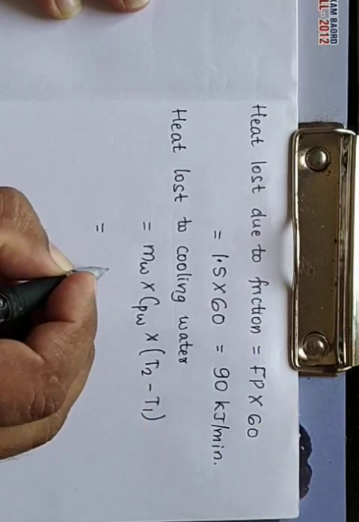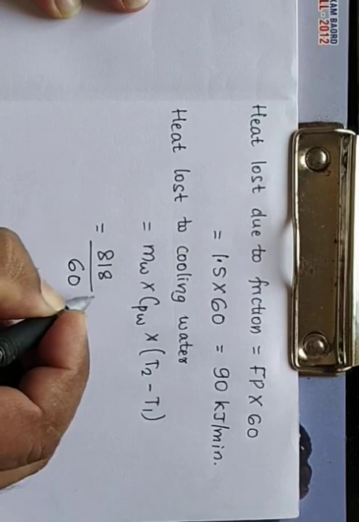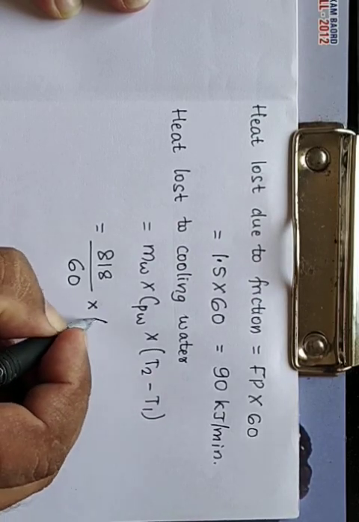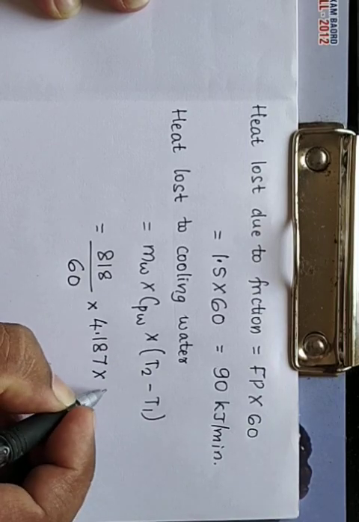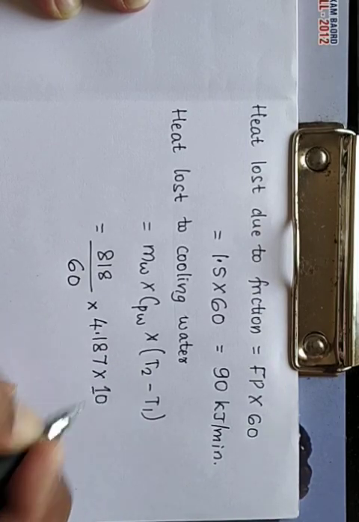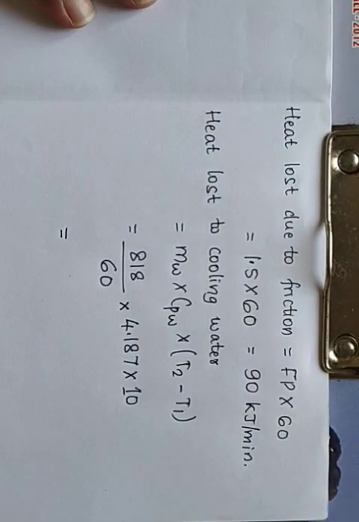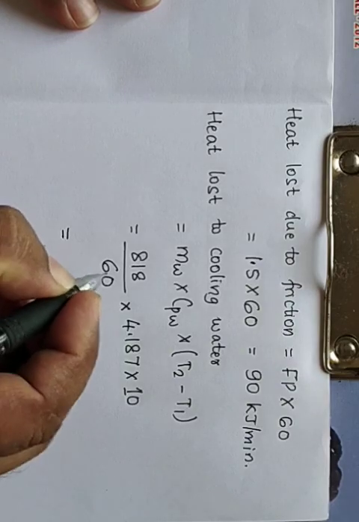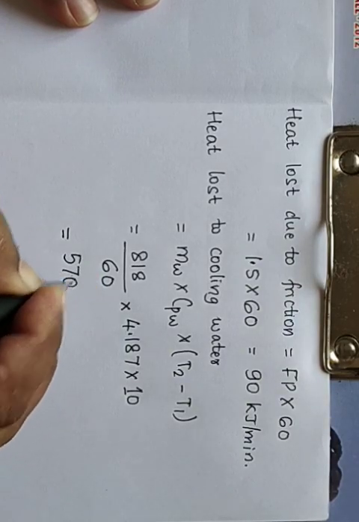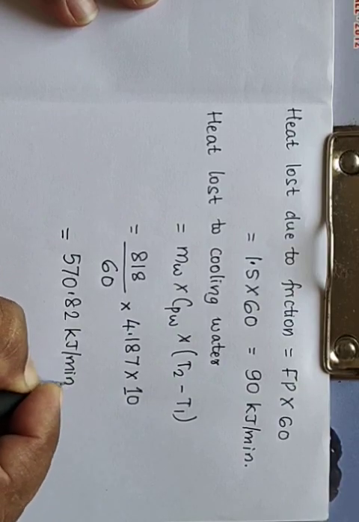So mass of cooling water is 818 kg per hour, so divided by 60, into Cp of water, you know, 4.187, into rise in temperature, 10. So we will get the answer as 570.82 kilojoules per minute.